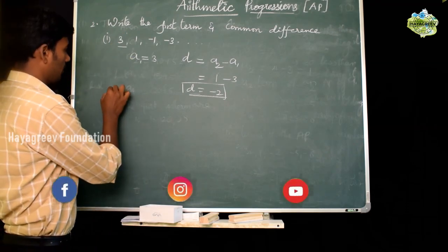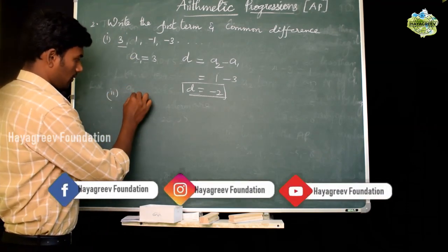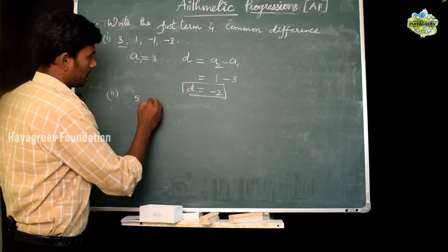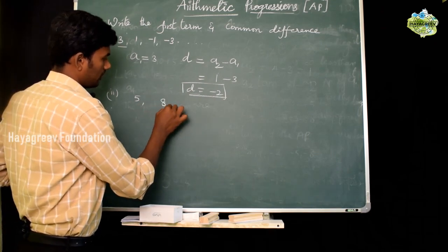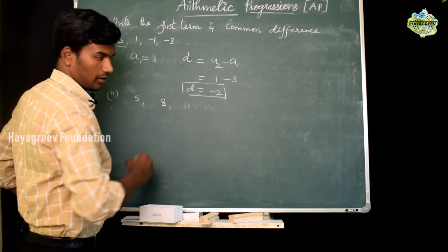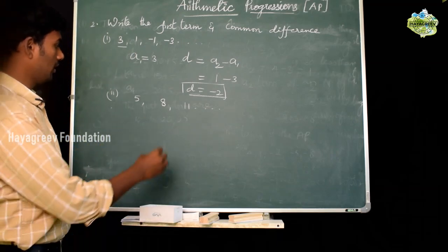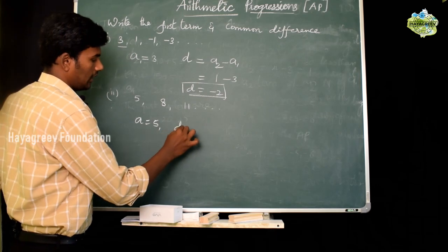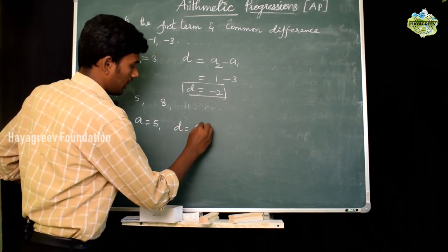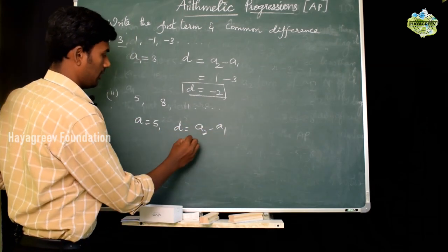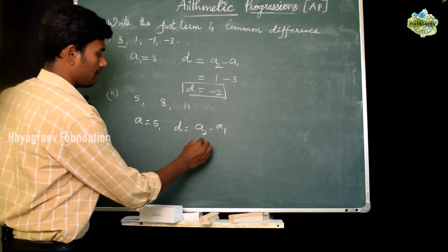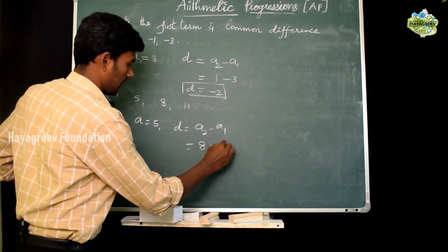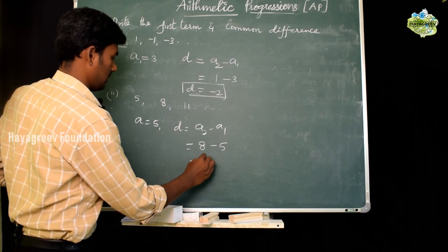And one more example: 5, 8, 11, etc. This is one more AP. The first term A is equal to 5 and D is equal to A2 minus A1, which is 8 minus 5, that is 3.